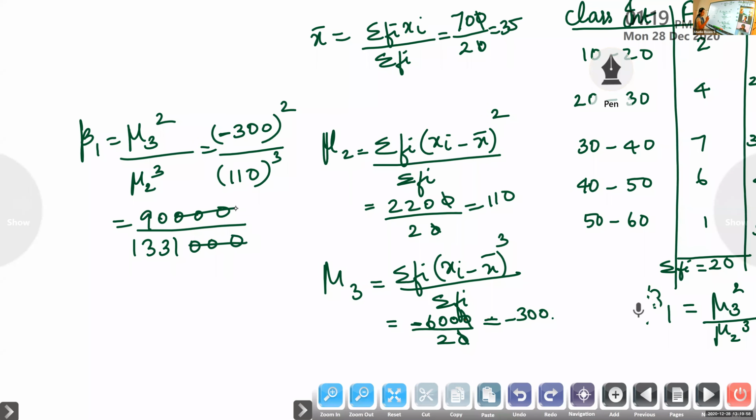So the 3 zeros will get cancelled. 90 by 1331. Simplify, you will get the value. This is called skewness, moments skewness. Finding skewness using moment.